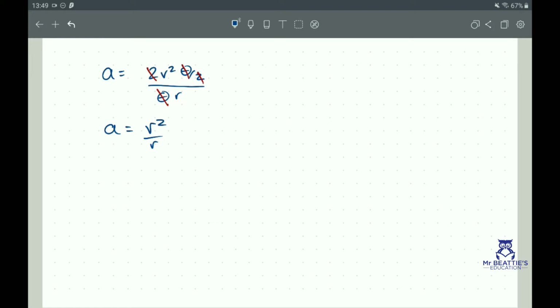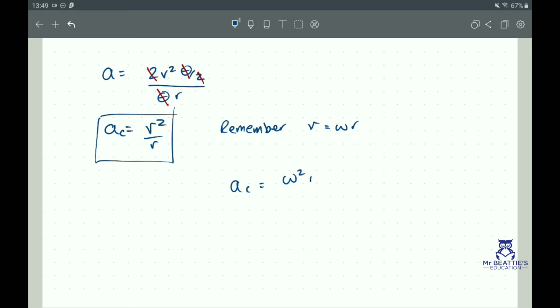That is one equation for the centripetal acceleration of an object going around in a circle. However, remember that v is equal to omega r, and if we substitute omega r in there, we get a_c is equal to omega squared r squared over r.